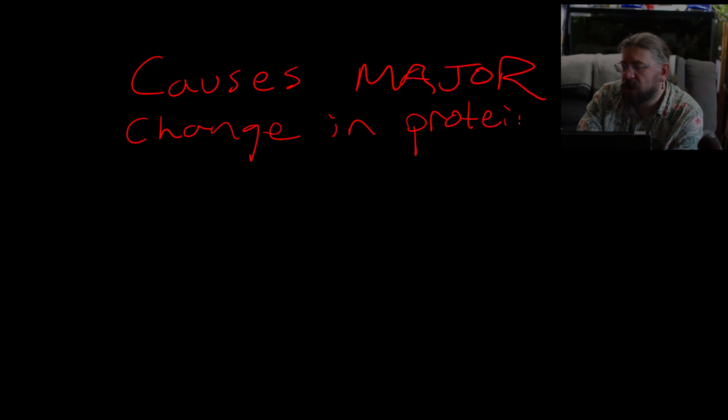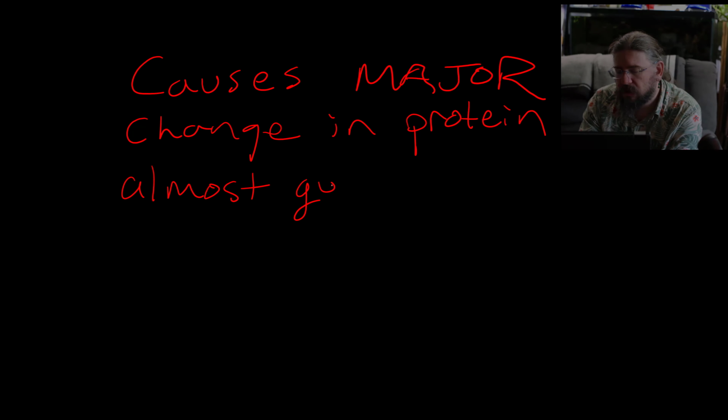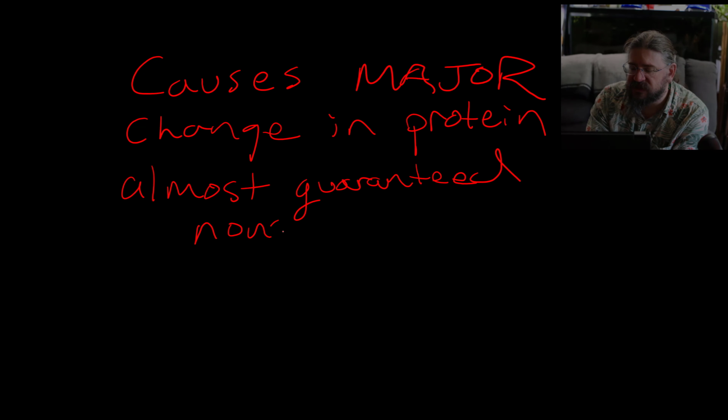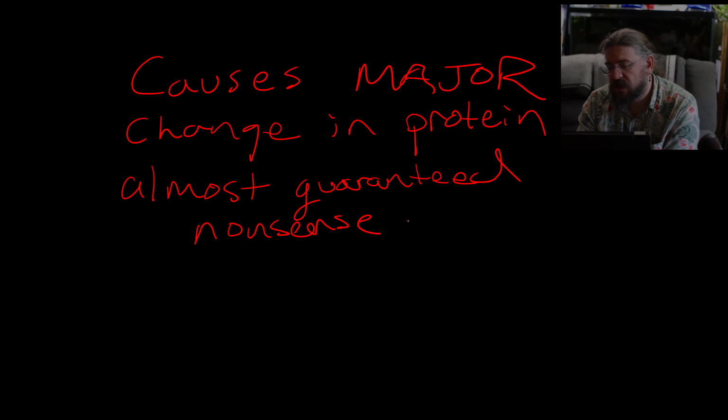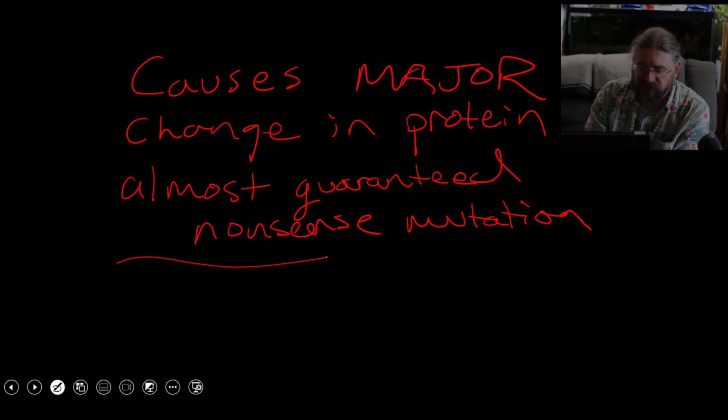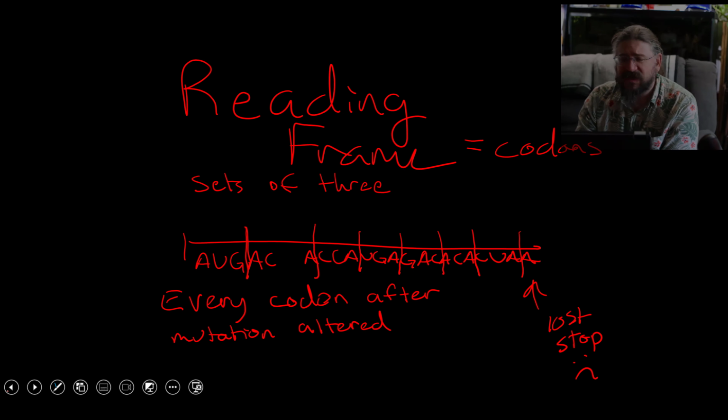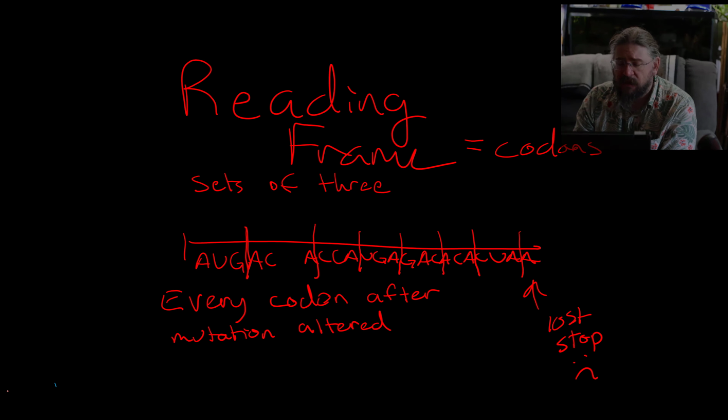You are almost guaranteed to have some kind of nonsense mutation, right? Once you have that frame shift and you've changed every amino acid from that mutation on, you're almost guaranteed some kind of nonsense mutation. It will not have its original function because you've changed all the amino acids.